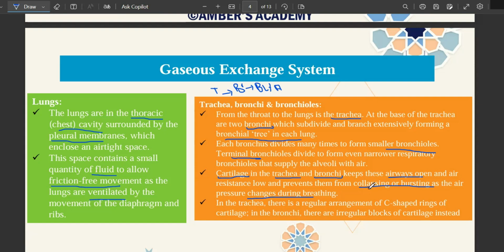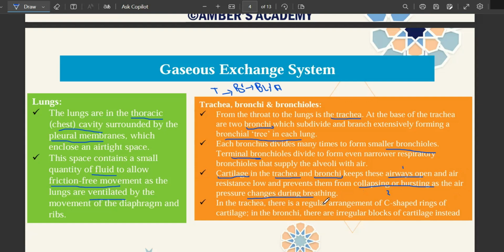So you need to remember that cartilage is there in trachea and bronchi to keep airways open, number one, and to prevent them from collapsing or bursting as the air pressure changes during breathing. These might be the two reasons which you could answer. So this question might come for P2, and you need to prepare it in the same manner.